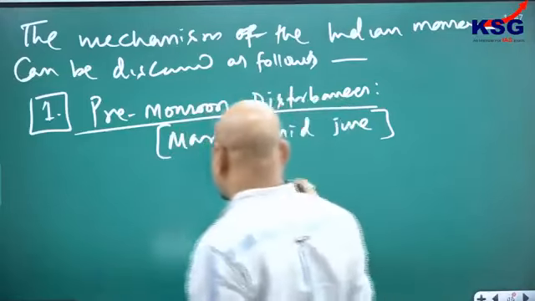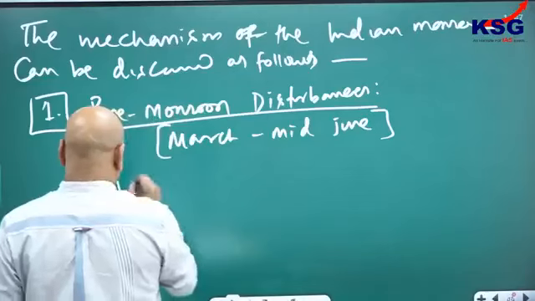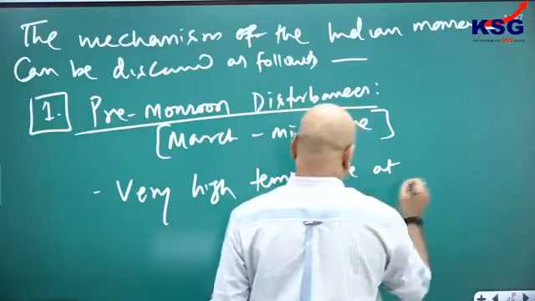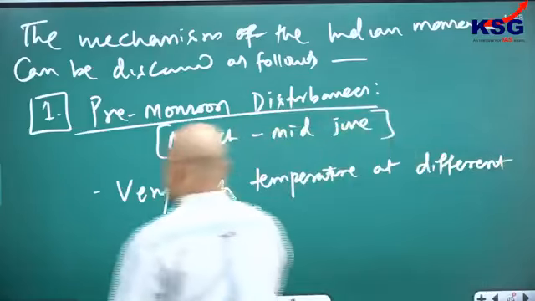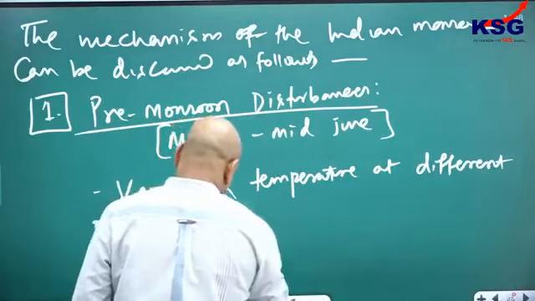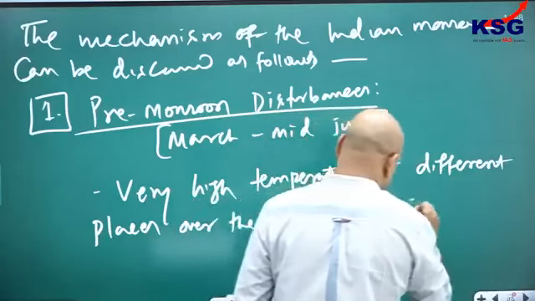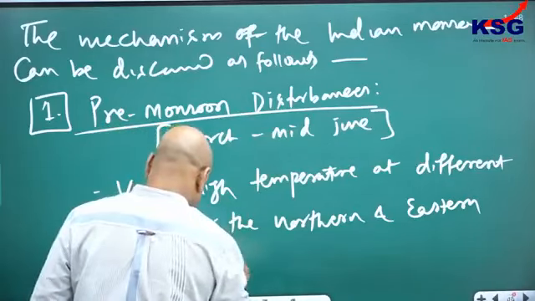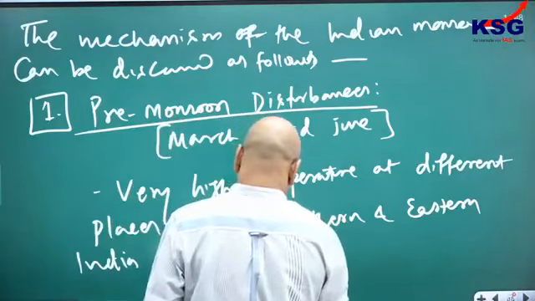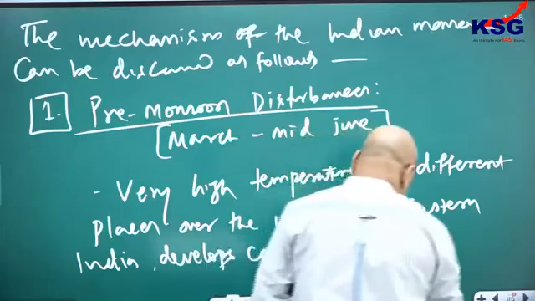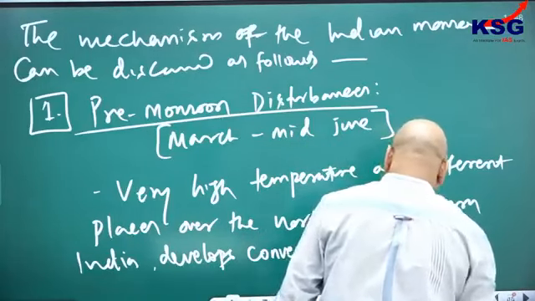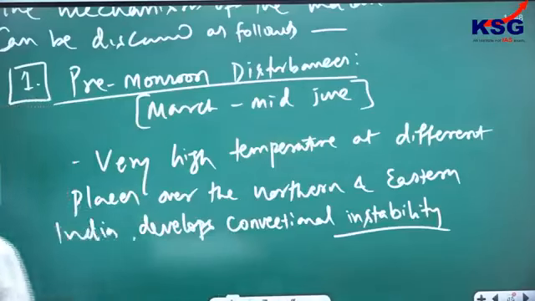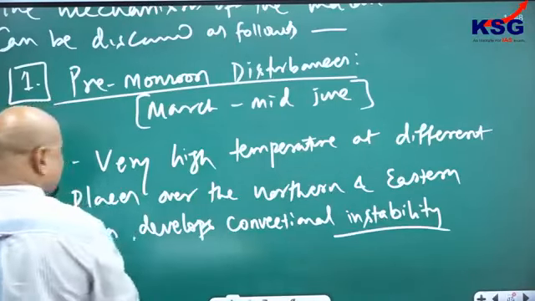तो मैं बताइए यहाँ पे प्री मानसून डिस्टर्बेंसेस में पहला है, you can note down, very high temperature at different places over the northern and eastern India develops convectional instability.